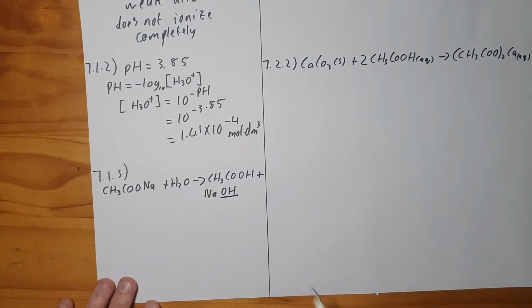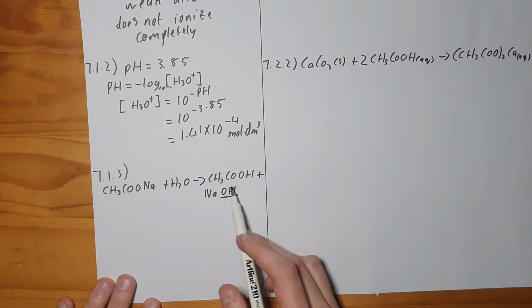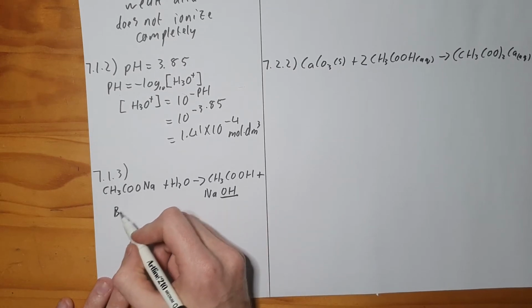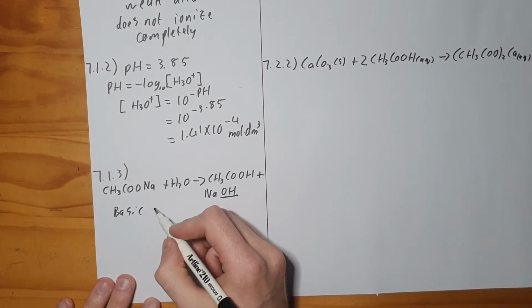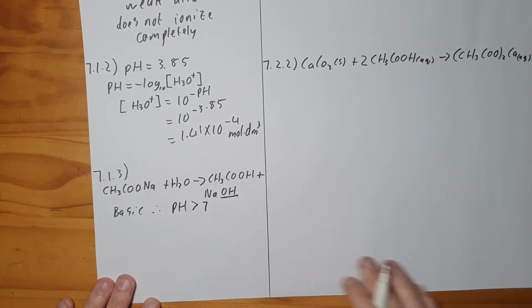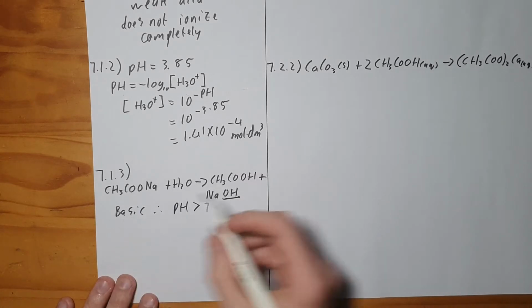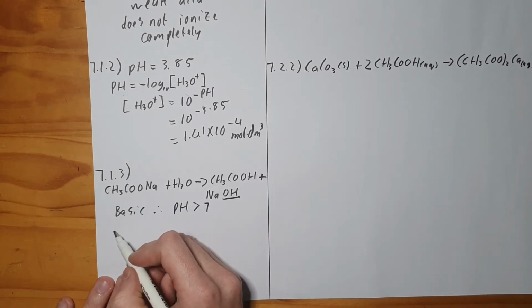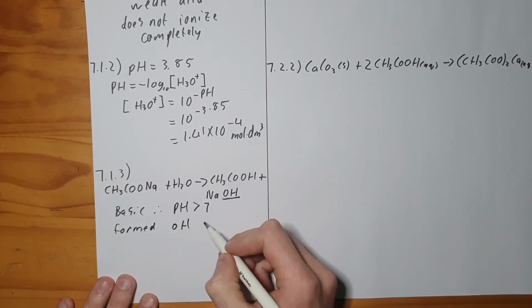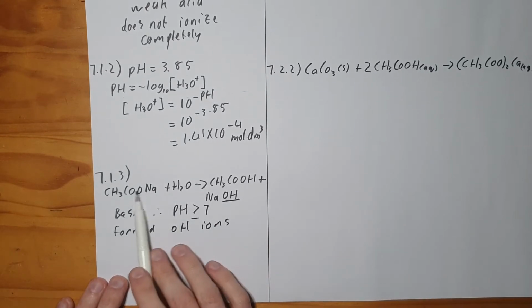Because we've produced OH, we know that this is basic, and therefore my pH will be greater than 7. Why? Because we formed OH ions.